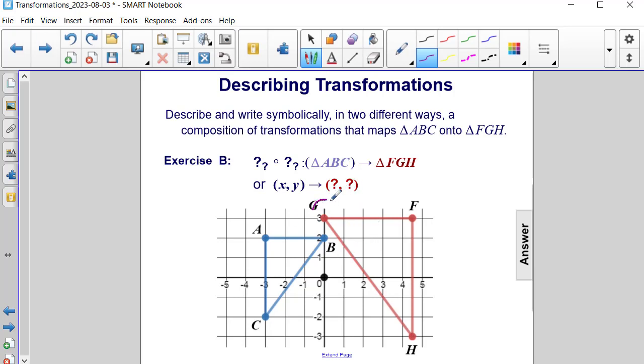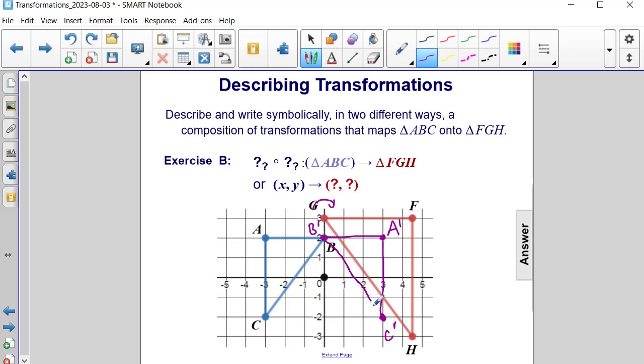So we're reflecting across here, and B prime will stay at point B. A prime, instead of being at -3,2, will be at 3,2. And C prime, instead of being at -3,-2, will be at 3,-2.